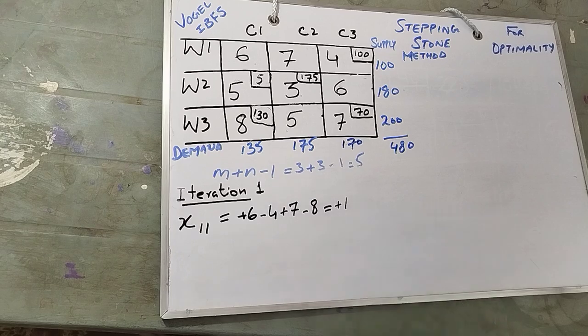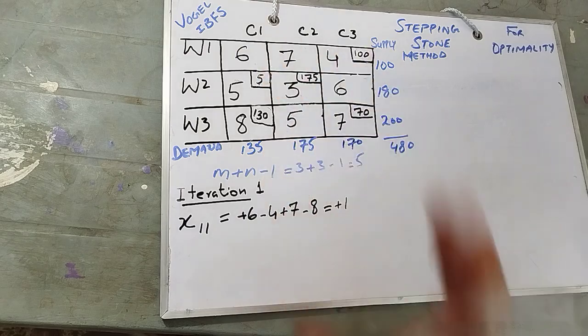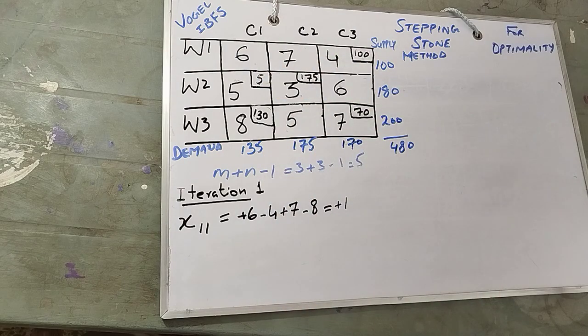So this is a positive one. You see, whenever we get a positive one, we do not have to work again on this particular cell. We are done with x11, that is 6.